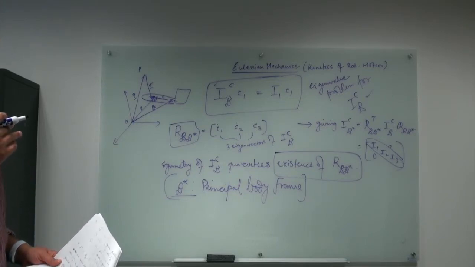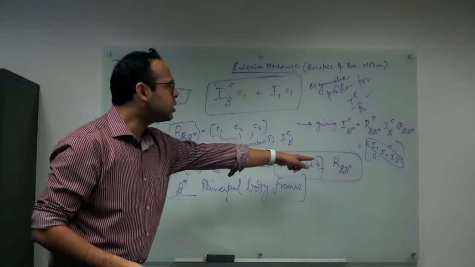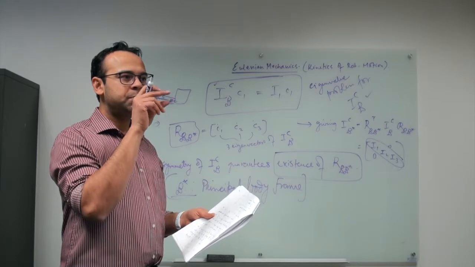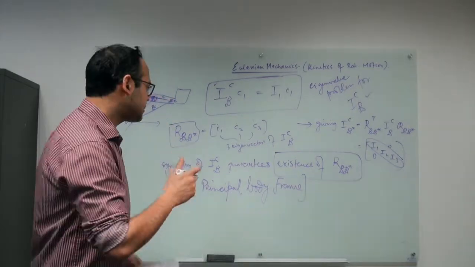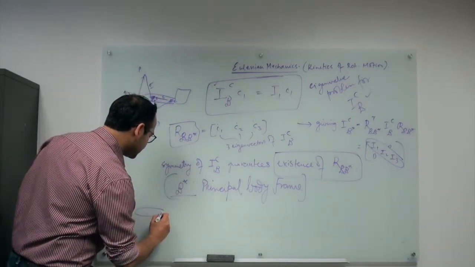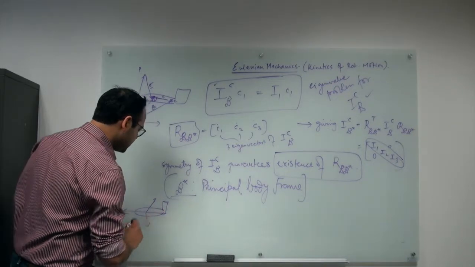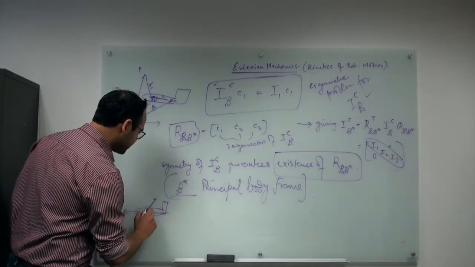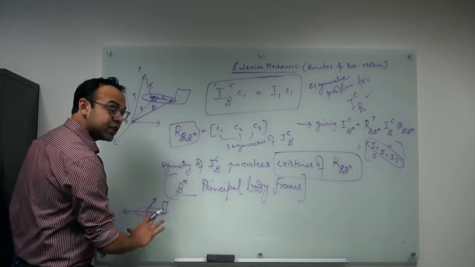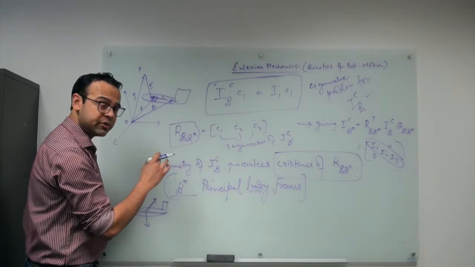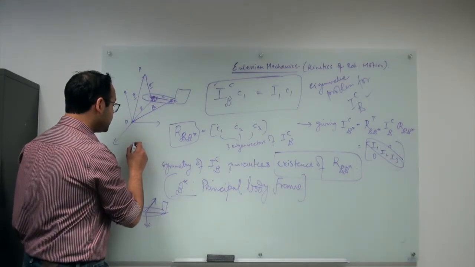So you would expect that the principal body frame would require the object to be perfectly symmetric about it, right? So if you have an aircraft like that, about these axes that you defined, the object would need to be symmetric for the off-diagonal terms of the inertia matrix to be zero, right?